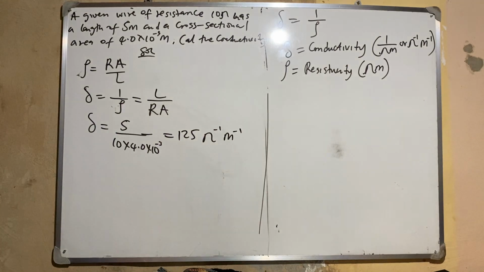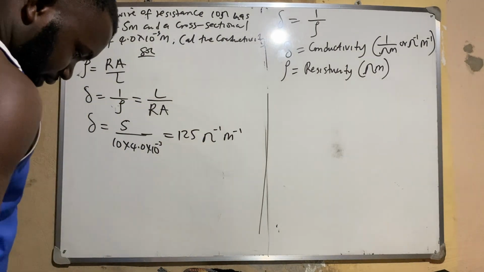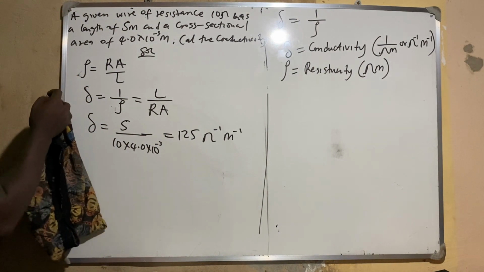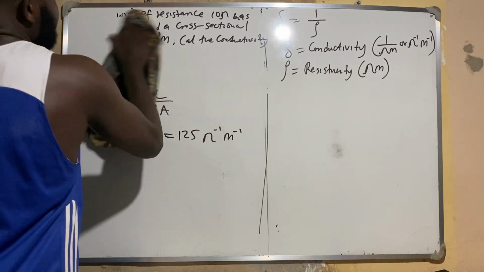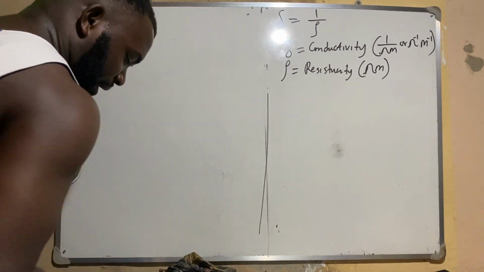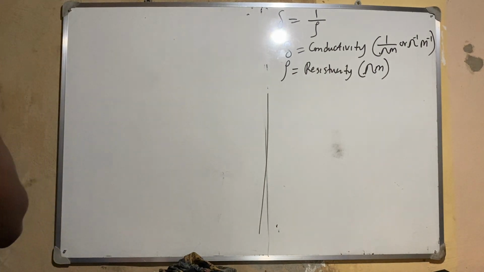Okay, 125 per ohm per meter. So that is that for that. Or you just decide to calculate the resistivity. So after calculating the resistivity, you now say 1 divided by that resistivity, and you get your conductivity. It's not a difficult question.